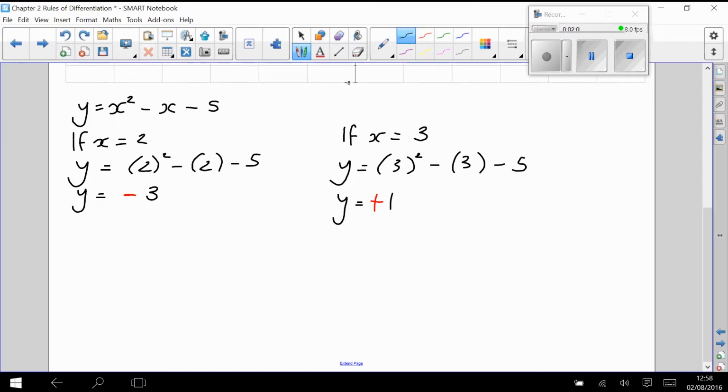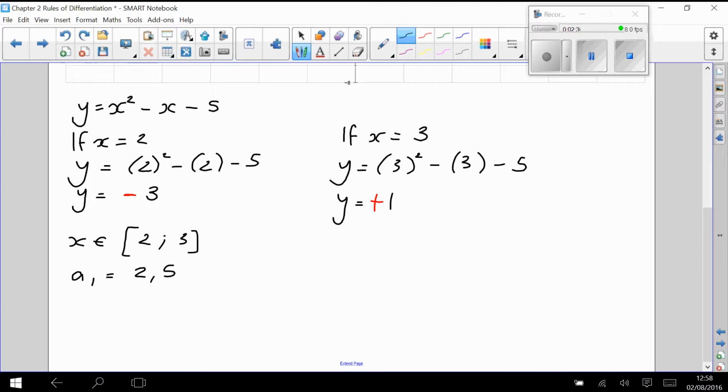So if I'm working on the interval where x is an element of [2, 3], then I need to make my first guess. Well, what's halfway between 2 and 3? I'm going to say that my first estimate is going to be x = 2.5.